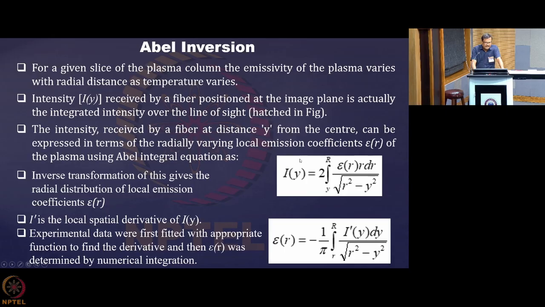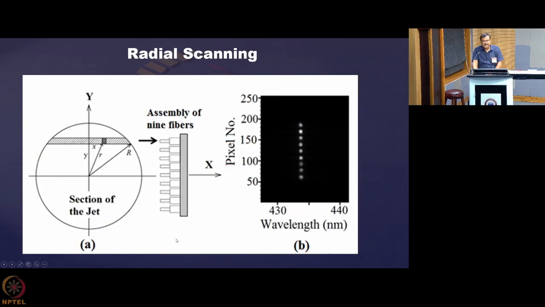Now what intensity you are getting, this is the expression. You should relate it with the actual geometry. So this is the y, the distance from the radius center where you are collecting the light, this is the r, the radius of the plasma column, and this is any arbitrary point r, where basically we want to know the emission from there.